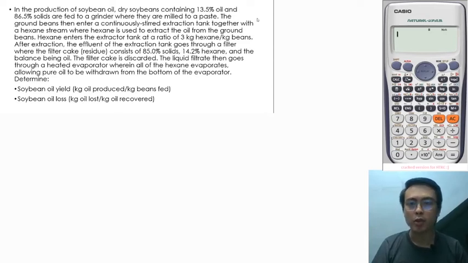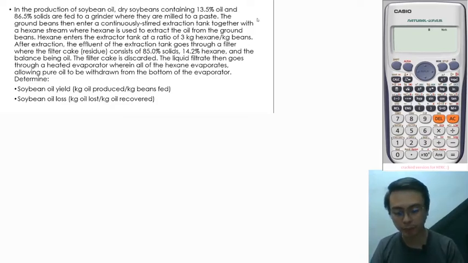In the production of soybean oil, dry soybeans containing 13.5% oil and 86.5% solids are fed to a grinder where they are milled to a paste. Okay, let's first draw that.